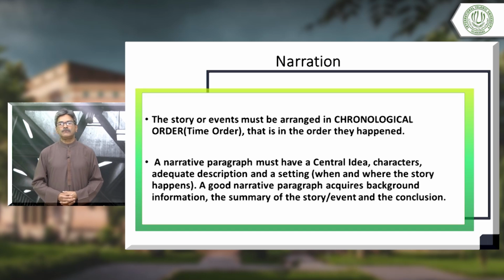It could be an account of one's life, natural phenomena or social events. The story or events must be arranged in chronological order. Chronological is historical, one after the other, time order, that is in the order as they have happened.